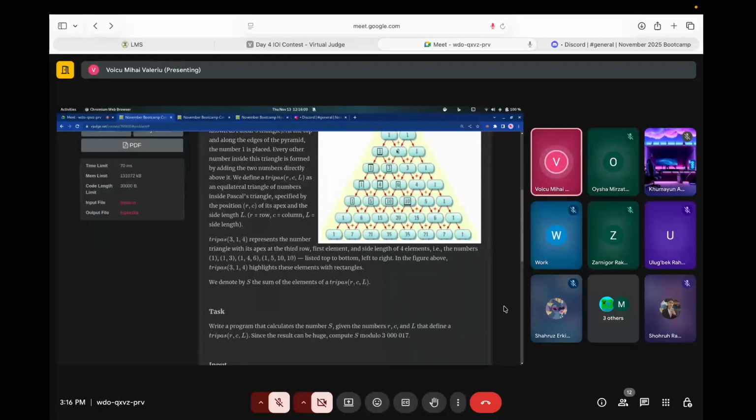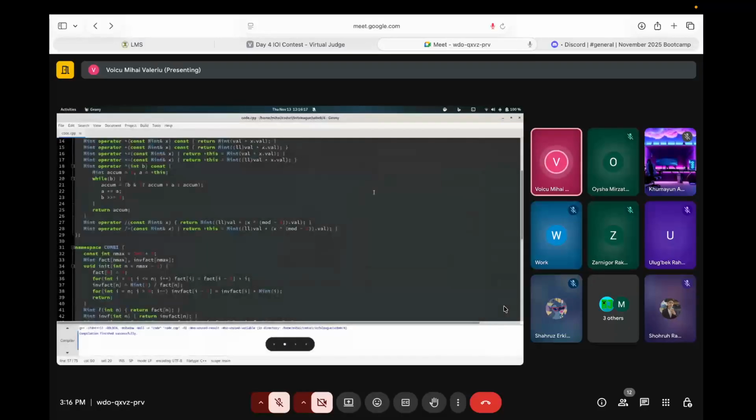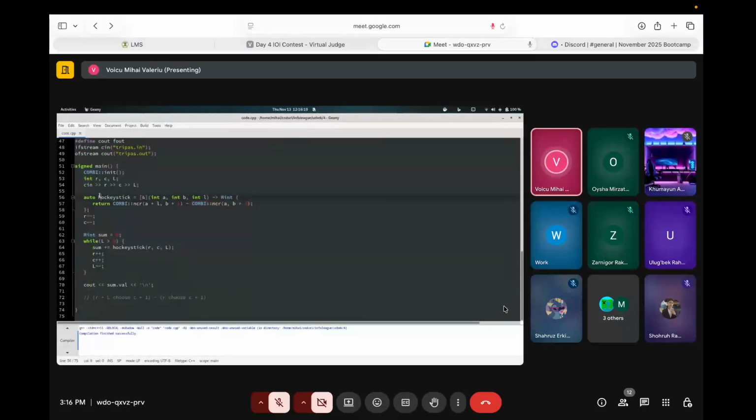Because the binomial coefficients that we subtract are also in a line, so then they also correspond to a hockey stick-like identity.